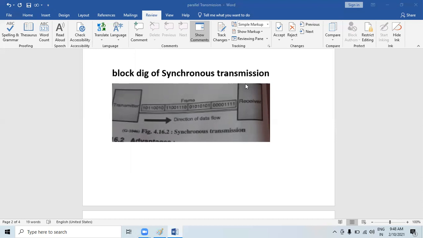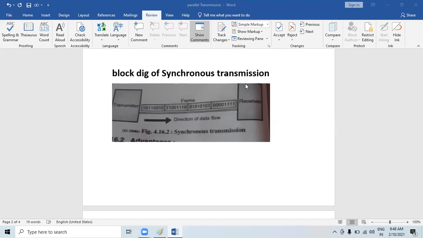Asynchronous transmission speed is slow and synchronous transmission speed is high. The application of asynchronous transmission is communication between a computer and a keyboard, and in synchronous transmission, communication between two computers.